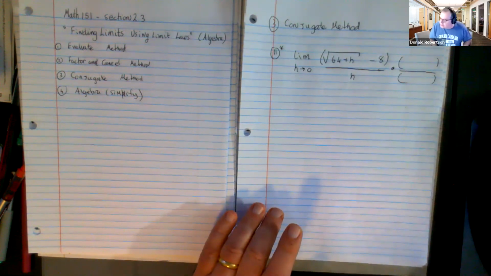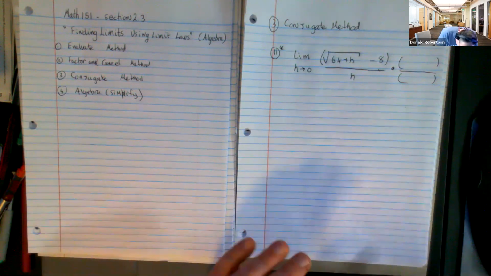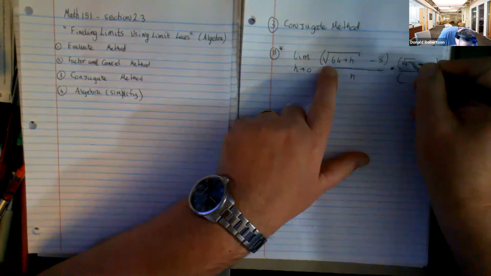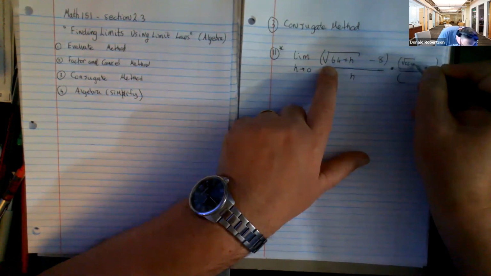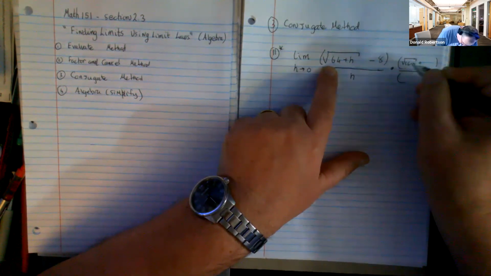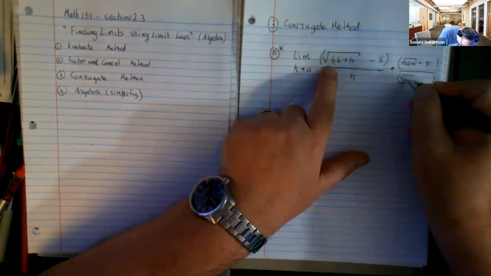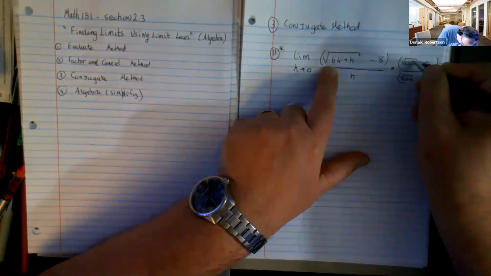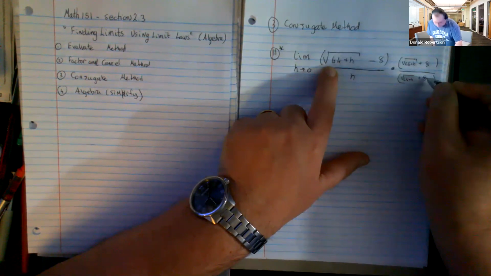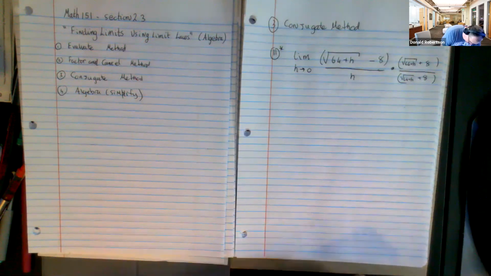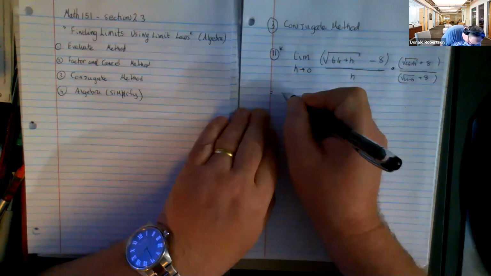It's the same fraction, it just looks different. And the version that we use is the guy that's got the square root, which is this guy, but instead of the take away 8, it's the add 8. And that guy is called a conjugate. Let's see what this looks like.